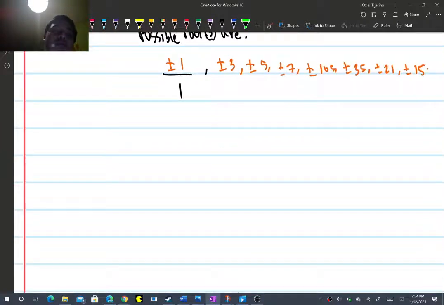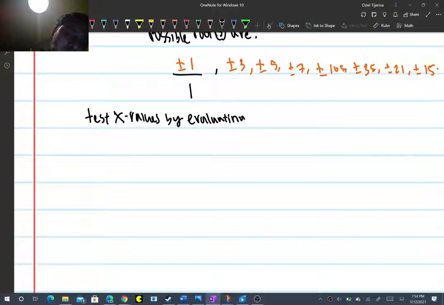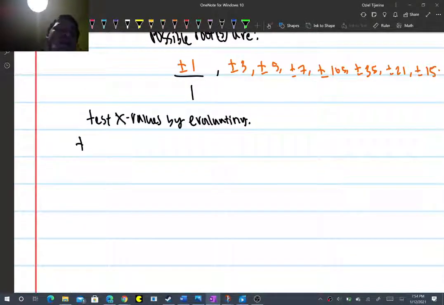Now what you want to do is test x values by evaluating. That means you want to test f of 1, and you're going to do this until you see that it equals 0.